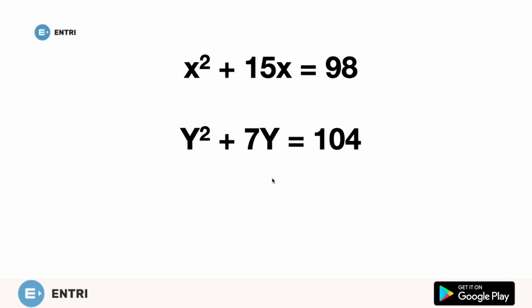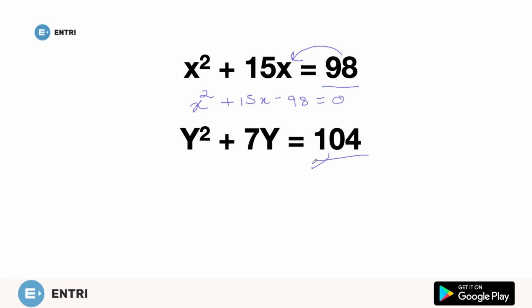Now you can see that in this equation no sign is shown with the constant term, and since no sign is shown, that means you will consider it positive. But have a look. If I take this 98 before the equal sign, the equation becomes x square plus 15x minus 98 equals 0.